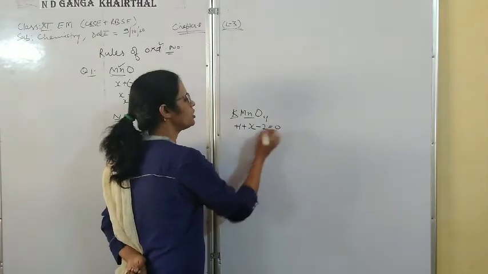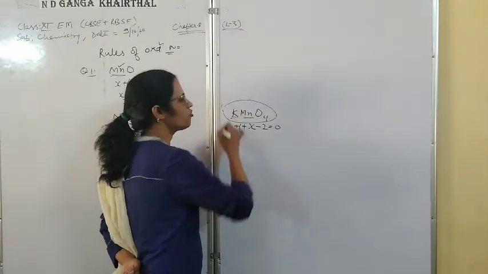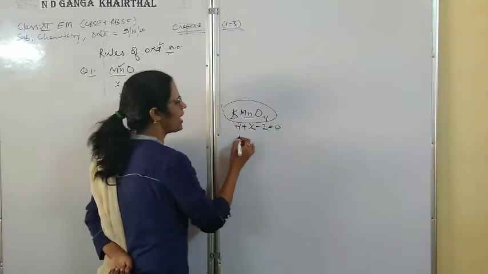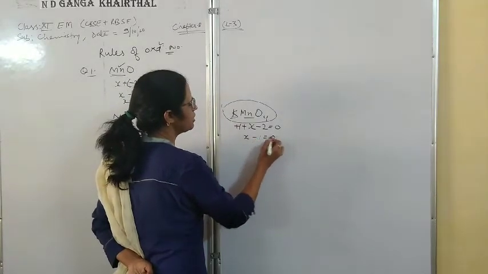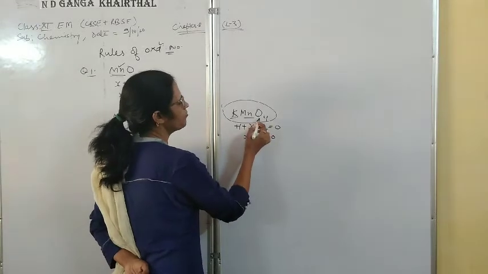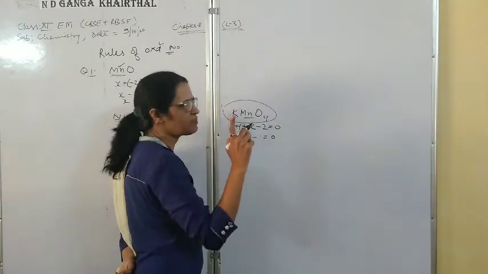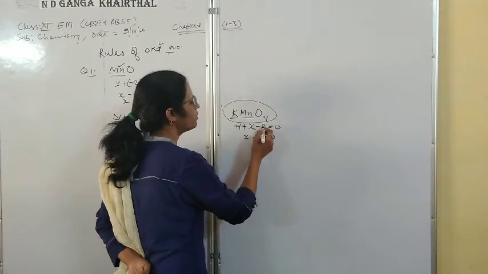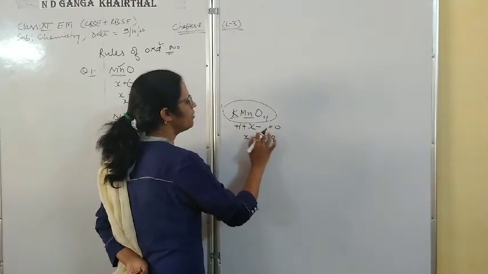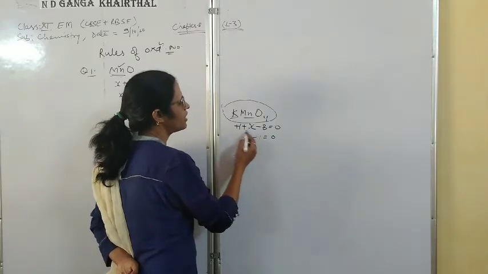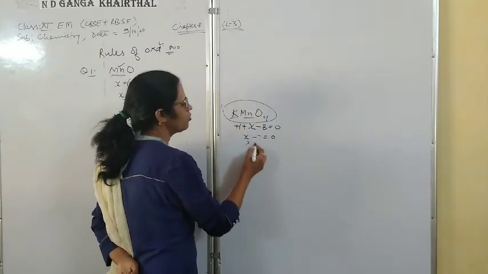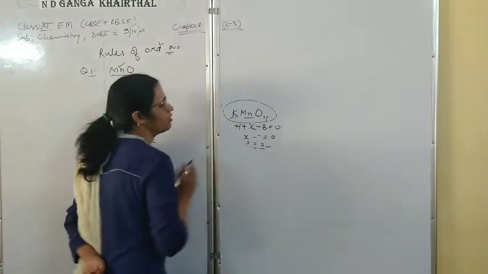The total is 0 because this compound is neutral. Here one oxygen has -2, so 4 oxygens will have -8. So it will be X - 7, so the X value will be 7.